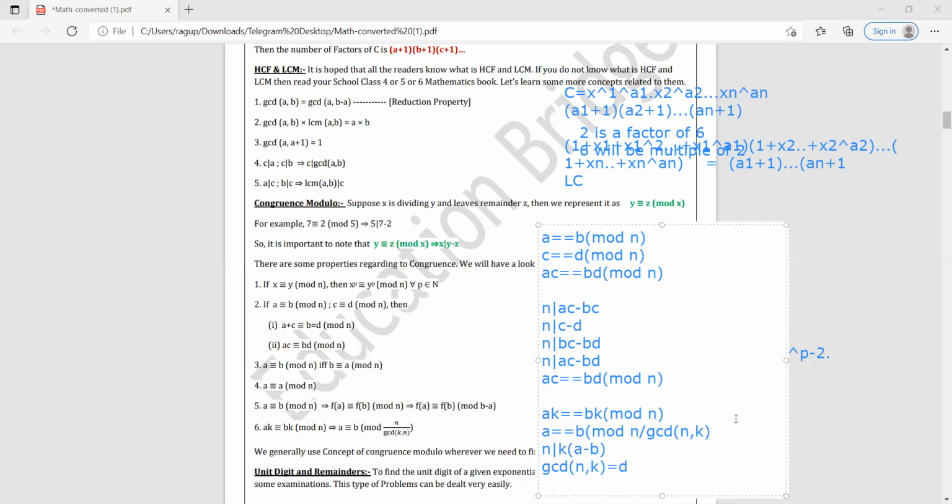So d divides both n and K. So let n be dt, not your integration dt, and K is dy.